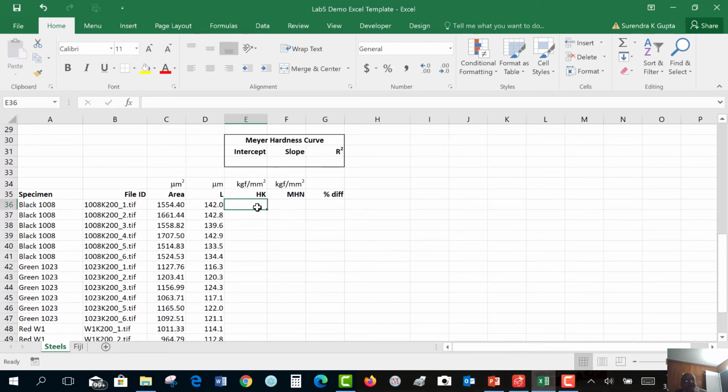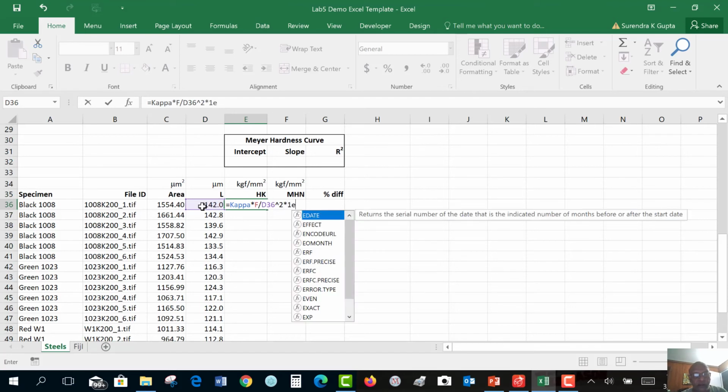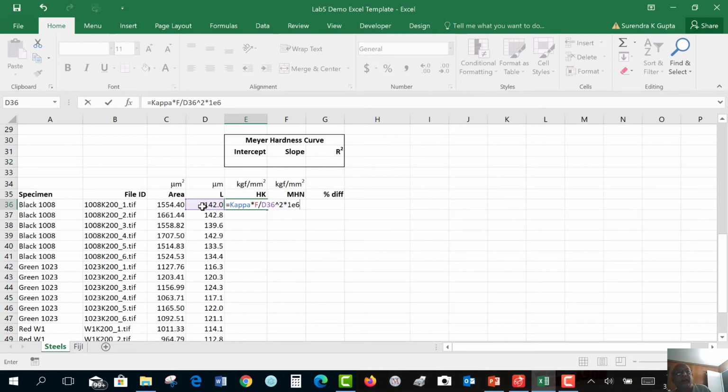So our formula for Knoop hardness is kappa times F divided by the length of the diagonal squared. Since it's in micron, we are going to convert it to millimeter squared. For Meyer hardness, force divided by area.